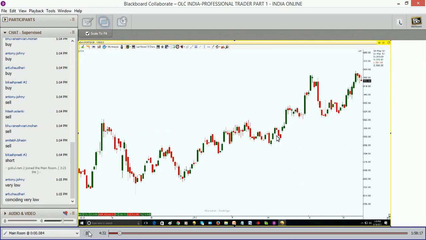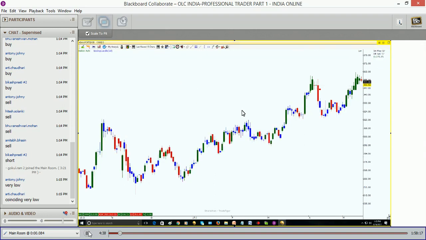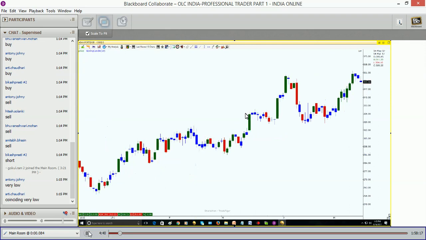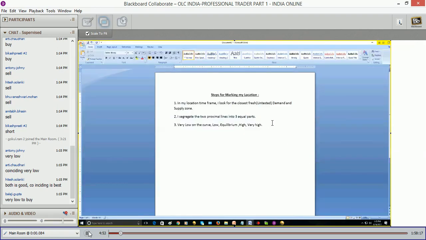Very low, says Anthony. Coinciding very low, says Aarti. Both is good, coinciding is best, says Hitesh. Very low to buy. Absolutely perfect.